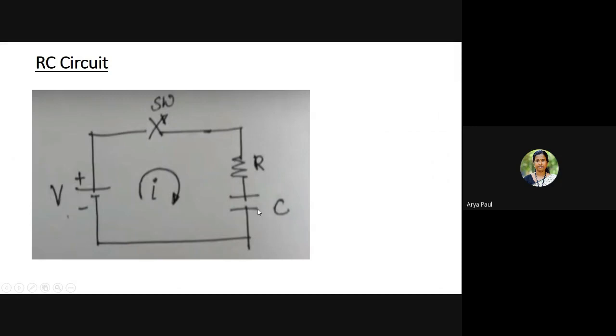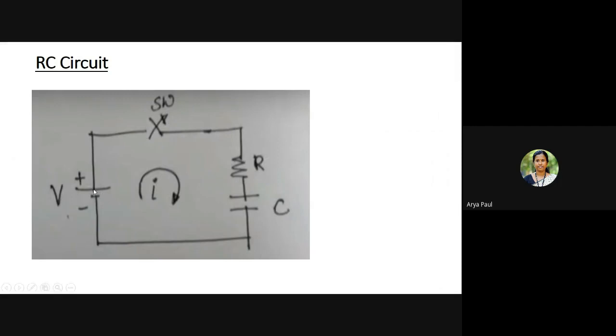Here, the capacitor has an important property: it won't accept an instantaneous or sudden change of voltage. So suppose at t equal to 0, I am closing the switch. That means I am changing the switch to the closed position, which is a sudden change.